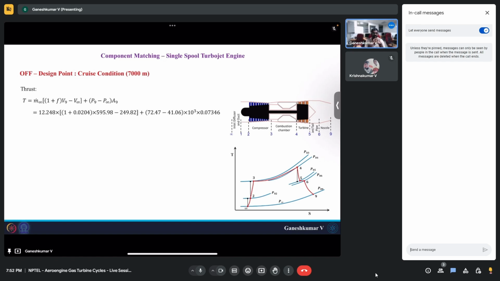So with a variable area nozzle, you can change your area in order to decouple the effects of the nozzle on the other components.